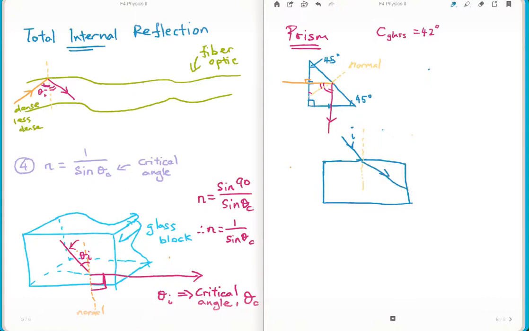And then surprisingly it doesn't go out, it doesn't reflect, but it goes this way out. Right? And they give you the angle here to here is 140 degree.